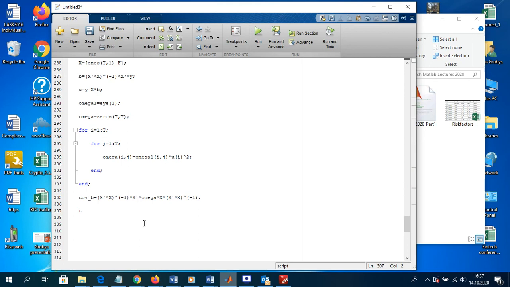So again, we compute them. Let's store them in the vector t_stat. t_stat is a vector of zeros, 4 by 1, where we store the corresponding t statistics.